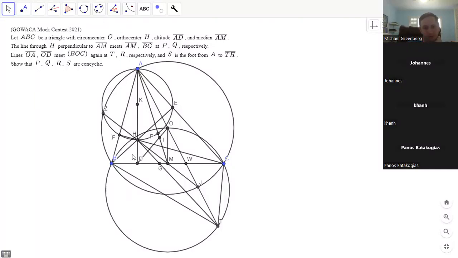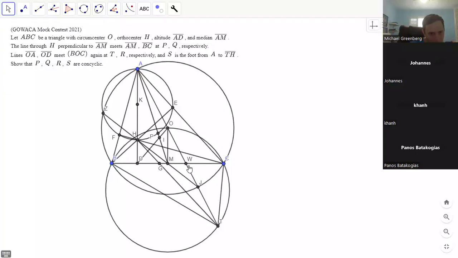So let's think. We could try to project through T, or maybe project through O onto the circle. Oh yeah, so we are done. I think we project through H. So we have HD, HM, HG, HW.